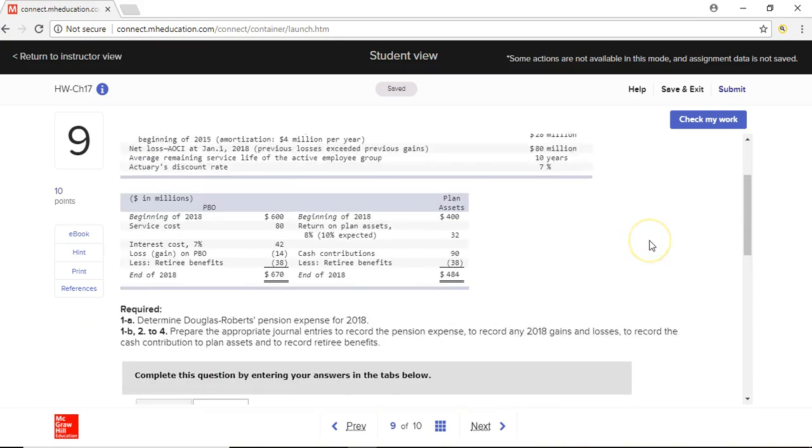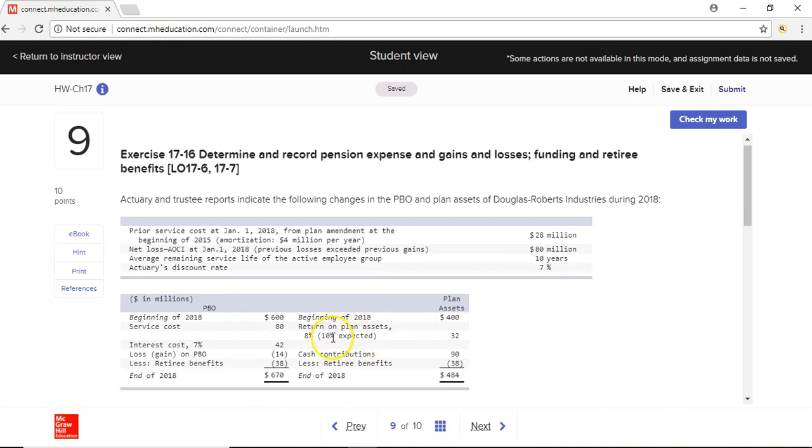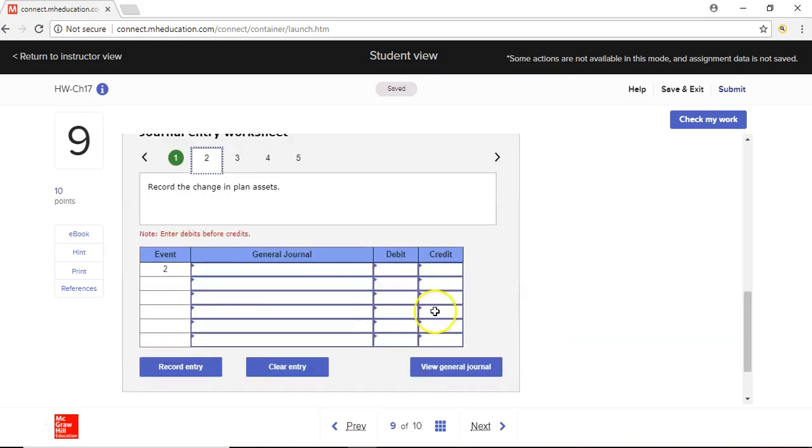The second journal entry says, record the change in plan assets. The change in plan assets is the difference between expected return and actual return. Actual return was 8%. Expected return was 10%. So there is a loss. Your actual return is lower than your expected return. There is a loss on the plan assets of 2% multiplied by 400 at the beginning. So we have a loss of 2% times 400, $8 million.